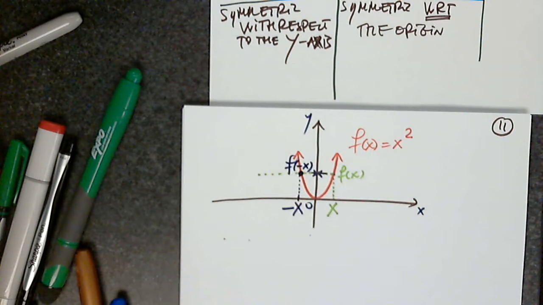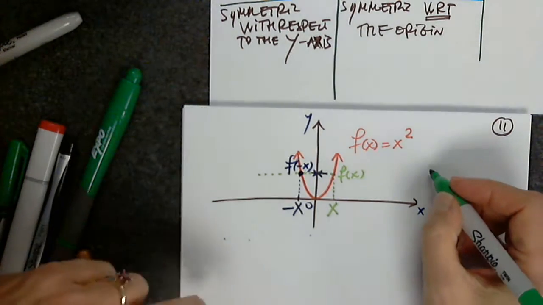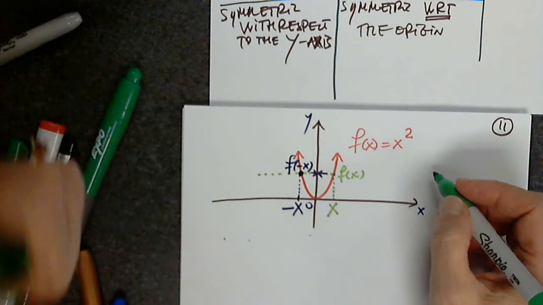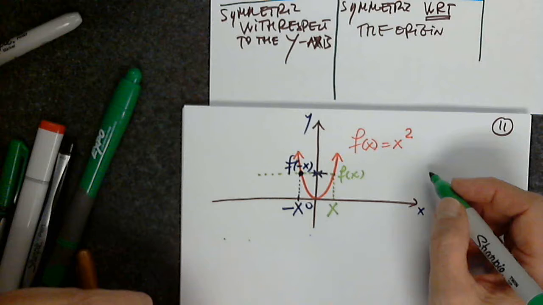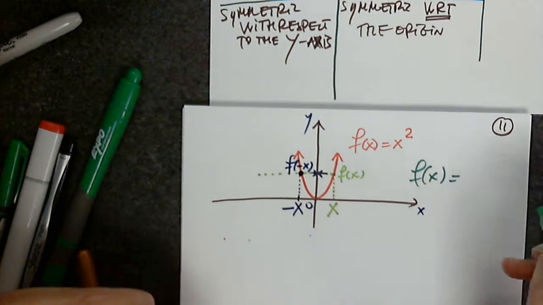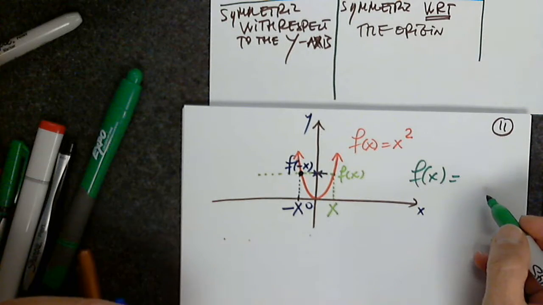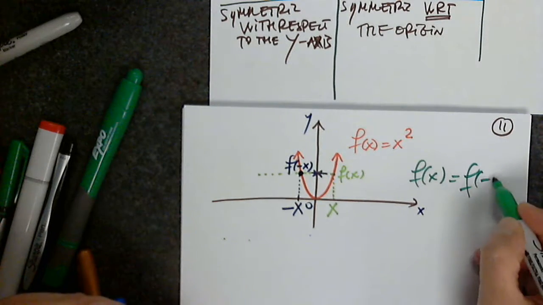Absolutely. Now look at the graph. It's very clear that this equals this, and I'm going to write it. What is clear? What equals what? From the graph, f of x equals f of negative x. Indeed.